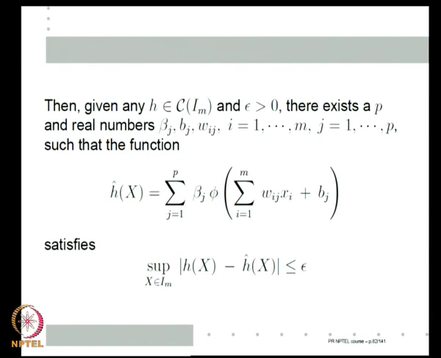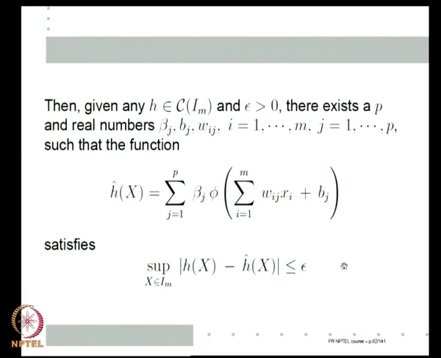Then, given any continuous real valued function h and any epsilon, I want h represented with an epsilon accuracy, then there exists a p, some number of hidden nodes, and real numbers beta j, b j, w ij, that means the weights, so that if I calculate a function h hat, which is actually what this 3-layer network represents, with p as the number of hidden nodes and beta, b and w ij as the corresponding weights, then the maximum difference between h and h hat, maximum taken over all points in I m, is less than epsilon.